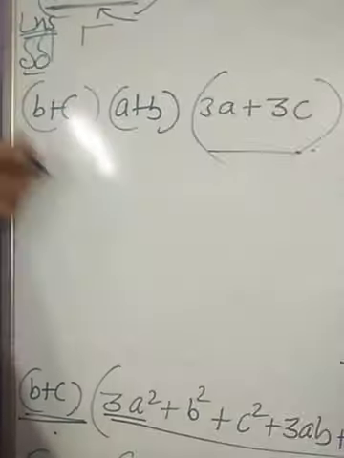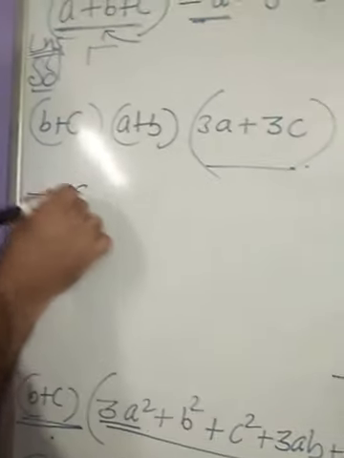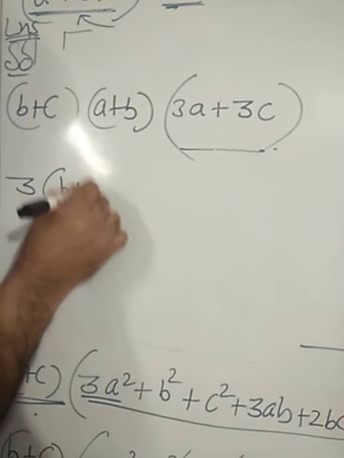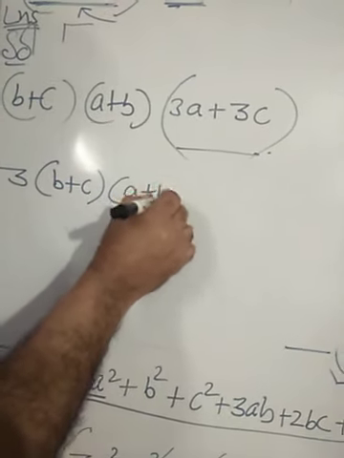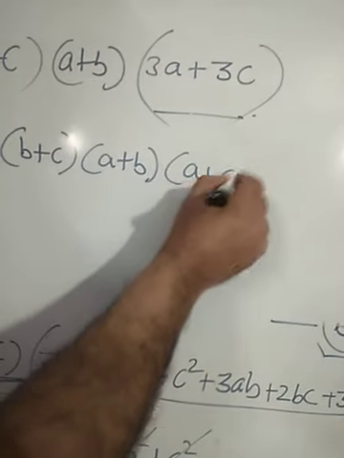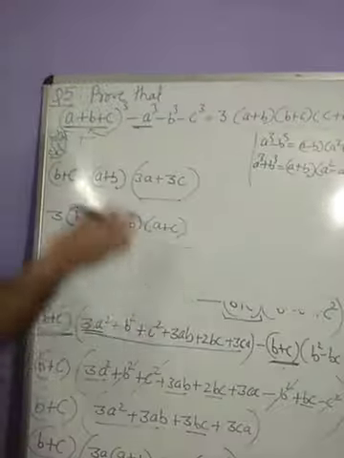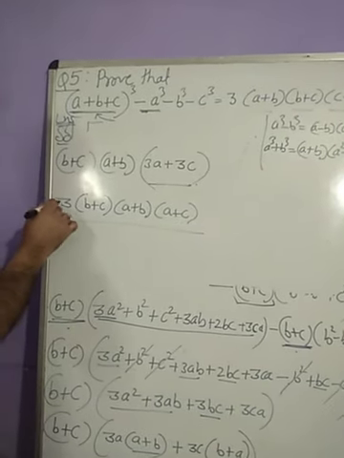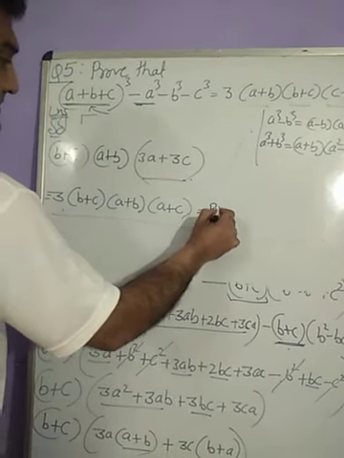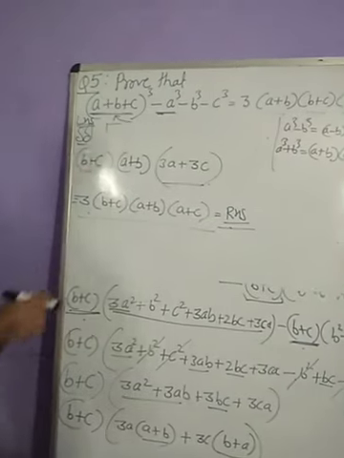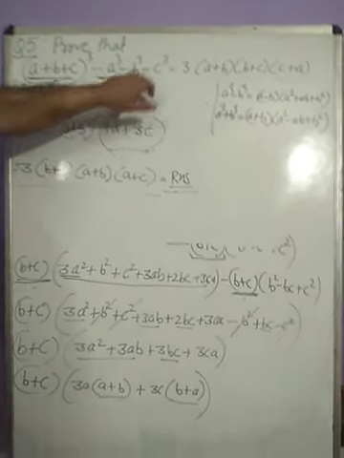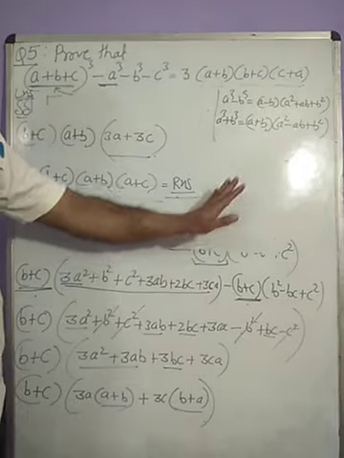So take 3 in the beginning. So b plus c into a plus b into a plus c. See, this is the same as what we were asked to prove. Order may be different but the terms are the same, which is equal to the right hand side. So we have shown that this left hand side equals the right hand side.